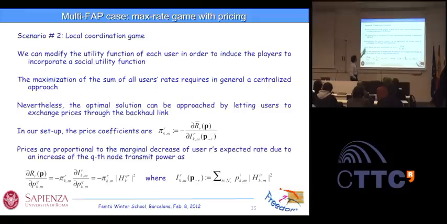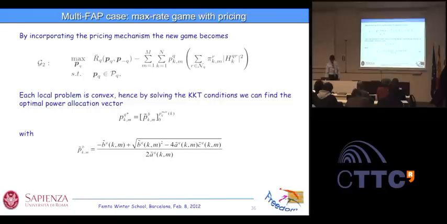Okay, so in essence, you need to exchange these prices, and these prices are, you see, minus the derivative of the expected rate with respect to the interference that you generate towards the others. So when you incorporate these terms into our formulation, we have this game where we want to maximize the expected rate, okay?